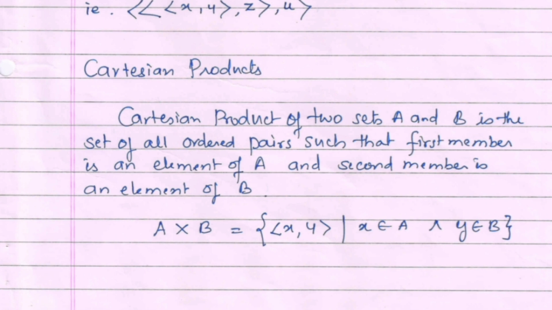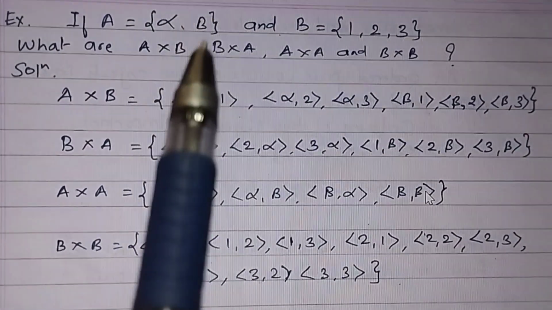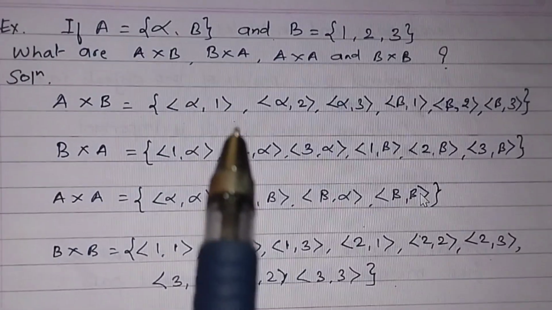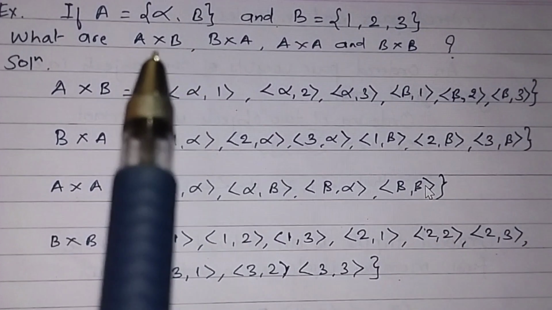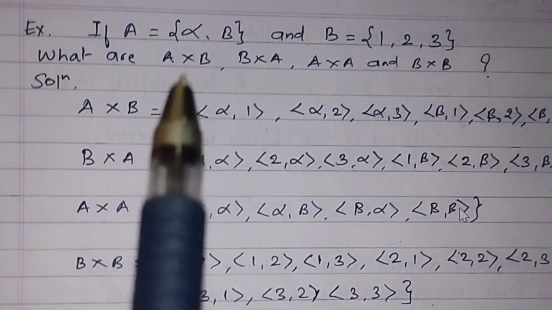Now the next concept is Cartesian product. The Cartesian product of two sets A and B is the set of all ordered pairs such that the first member is an element of A and the second member is an element of B. Suppose the question is given: A is the set of alpha and beta and B is the set of 1, 2, 3. What is A into B? This is the symbol of Cartesian product.